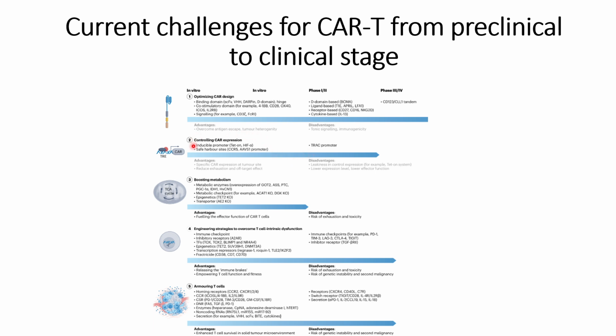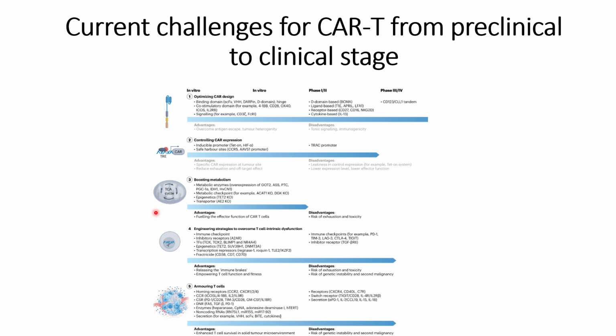Whereas in vitro, the inducible promoters are based on TET or doxycycline, or instead of doxycycline they use tetracycline, and the hypoxia indicator, that is HIF alpha. Some of the other promoters such as AAV-S1, CCR5 are also under investigation, and they are at the in vitro stage.